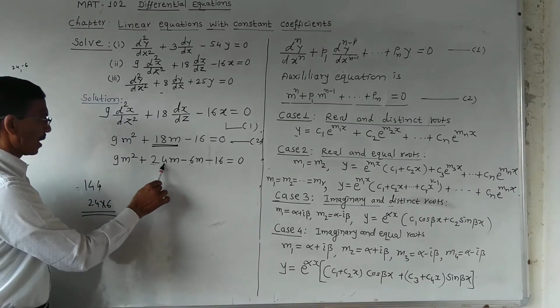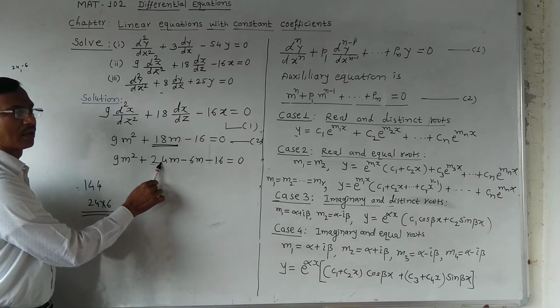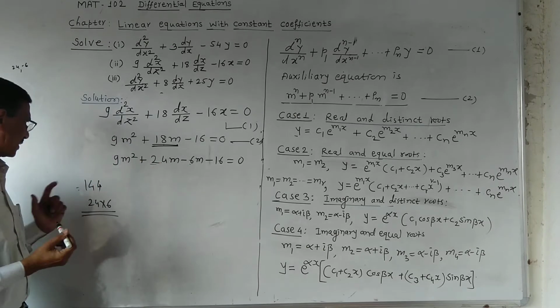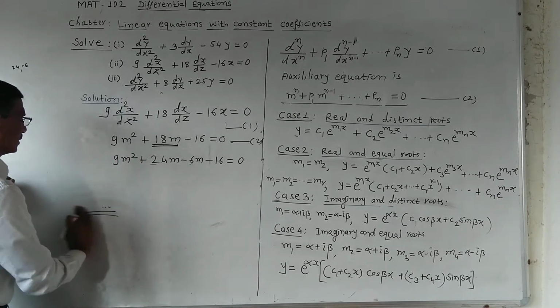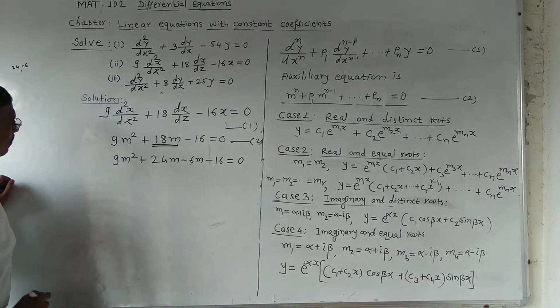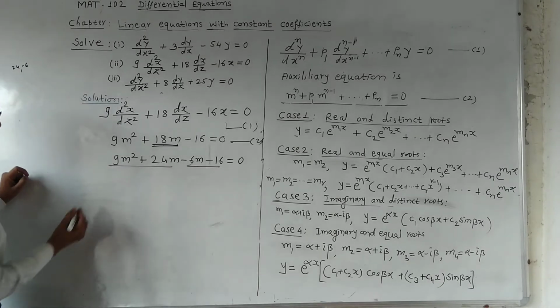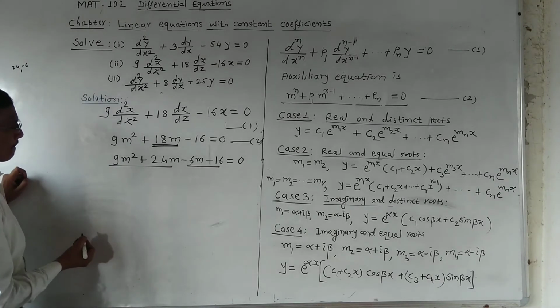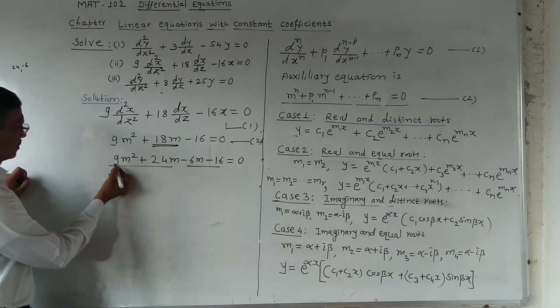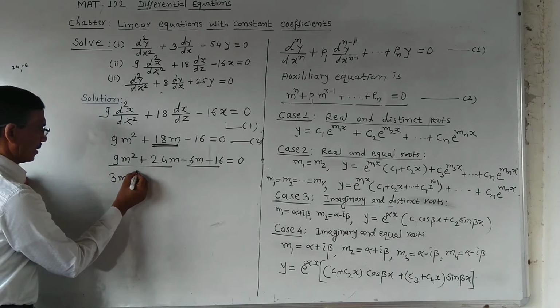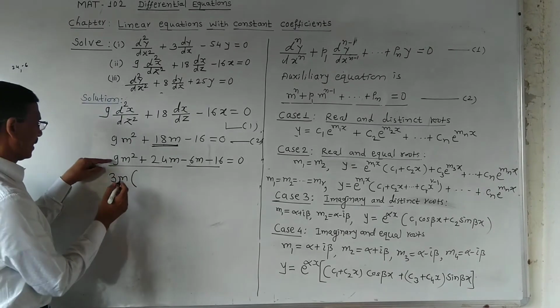And their sum, 24 minus 6, is 18. Okay, that means it is the correct factorization. Now find the common factor. Here we can take 3m common. Then what remains?